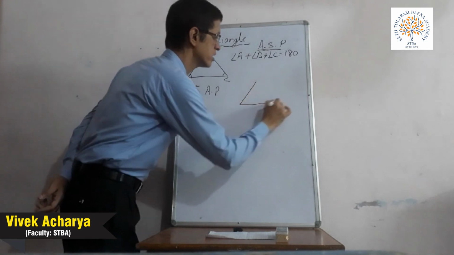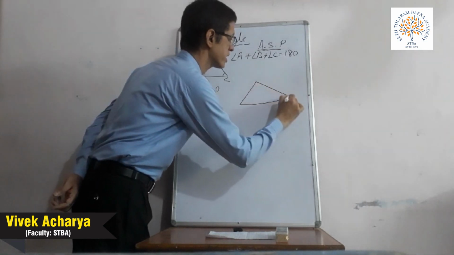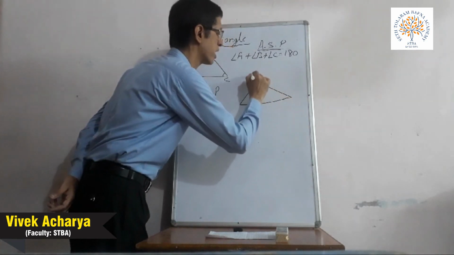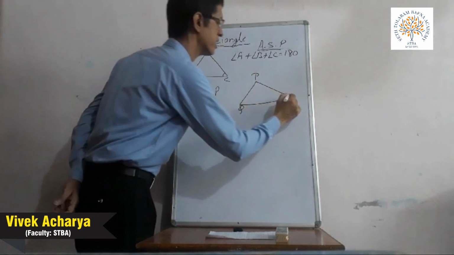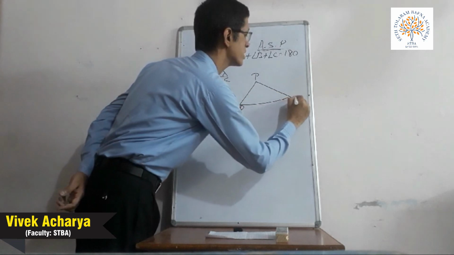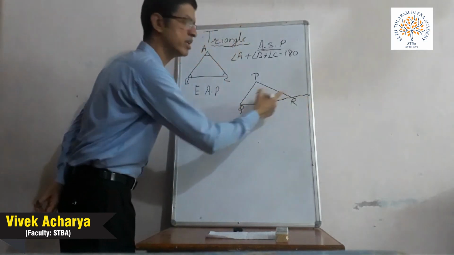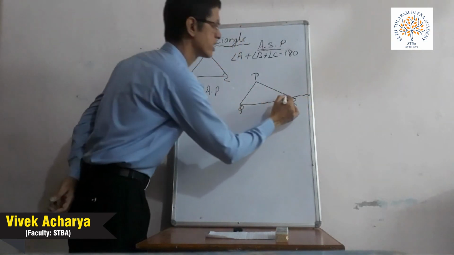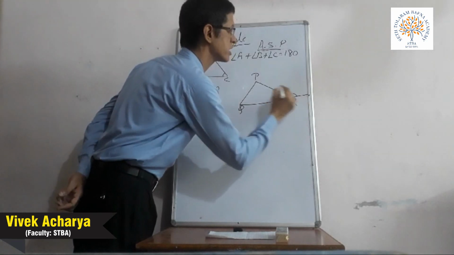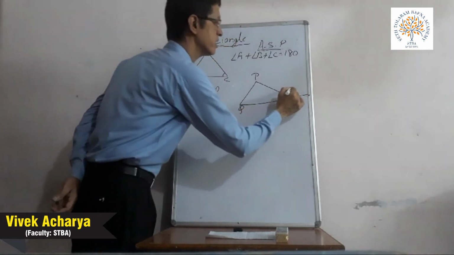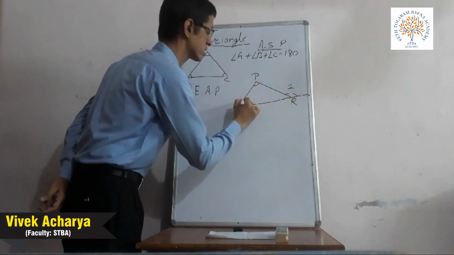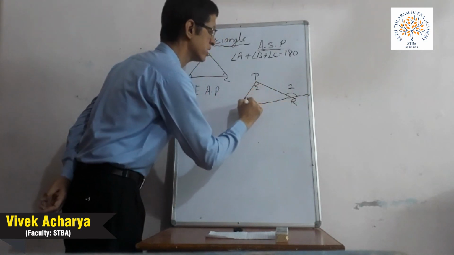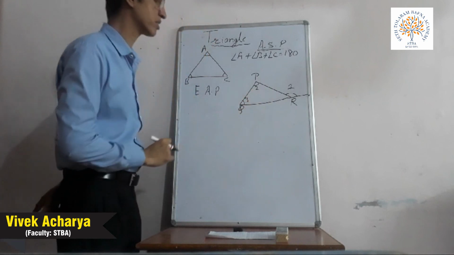If I take a triangle PQR and extend a side of this triangle, for example side QR, then an exterior angle is formed, and this exterior angle is equal to the sum of the interior opposite angles.